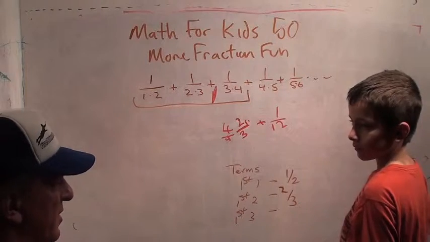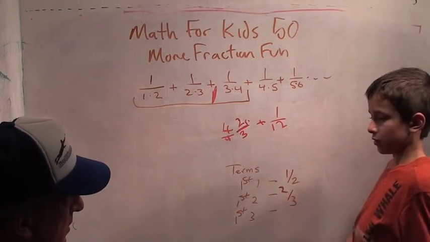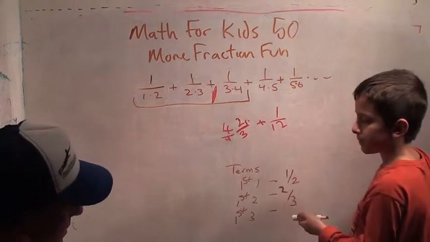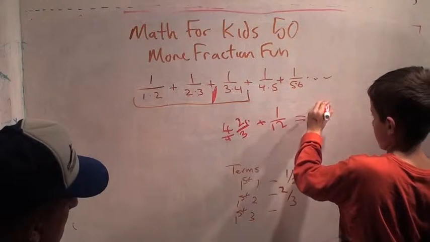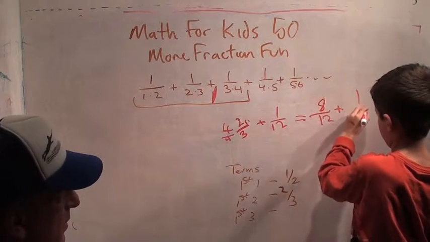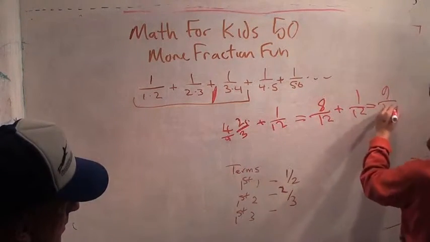I thought you had to multiply by 12 over 12 and 3 over 3. Well, 3 goes into 12. So this becomes 8 twelfths plus 1 twelfth, which is 9 twelfths.